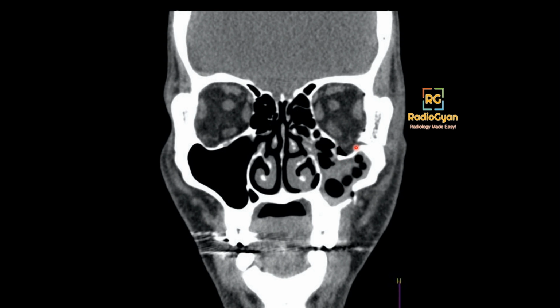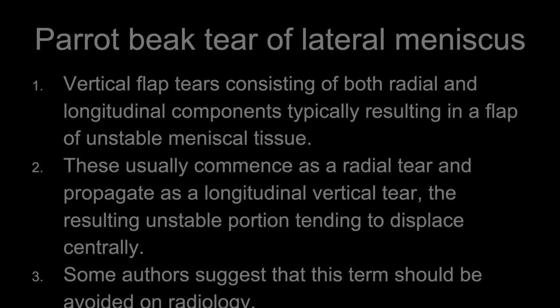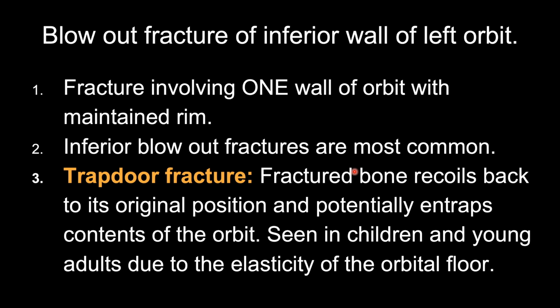However, the herniated tissue will get trapped in the fracture. So that's a pathology that you have to carefully look for. Commonly, the extraocular muscles can get trapped, but if the fracture is large enough, any orbital content can get trapped in these fractures.